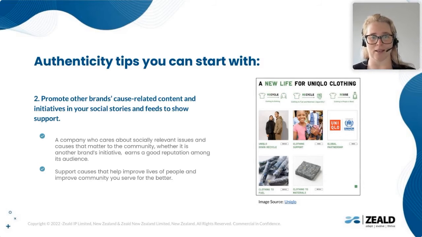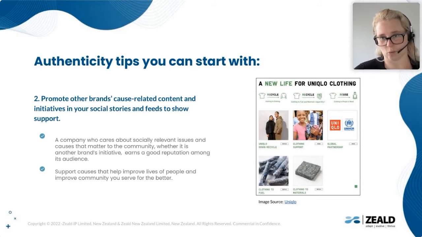So a company who cares about socially relevant issues and causes that matter to the community, whether it's another brand's initiative, earns a good reputation among its audience. Support causes that help improve the lives of people and improve the community you serve for the better.